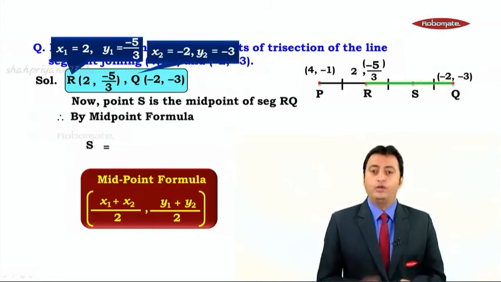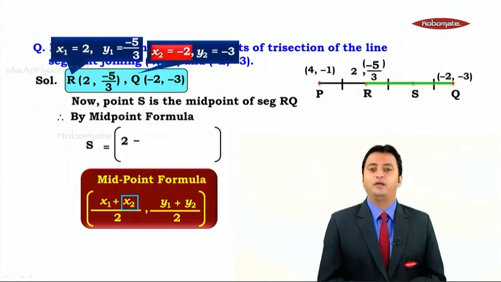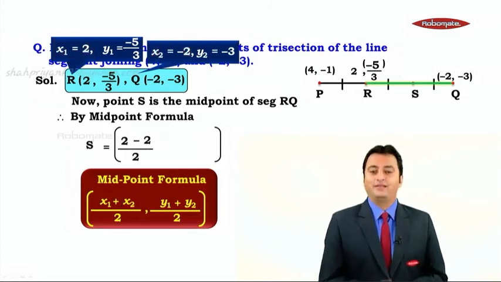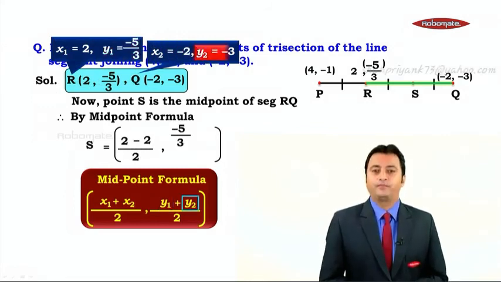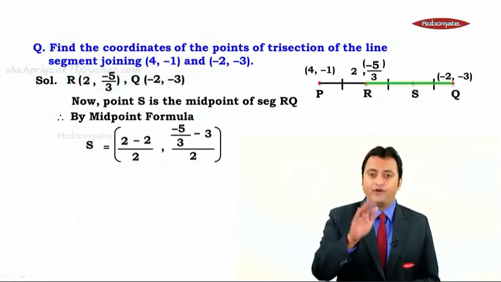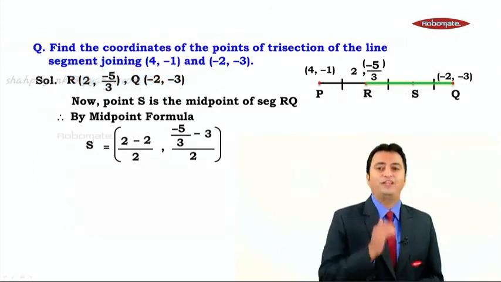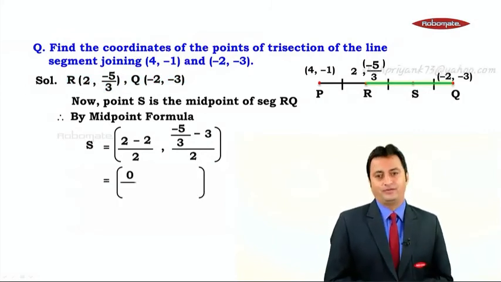2 plus into minus will be minus, so it is -2, upon 2, again comma, y coordinate will be minus 5 upon 3 minus 3 upon 2. First calculation is simple. 2 minus 2 will be 0 and 0 upon 2 is also 0.